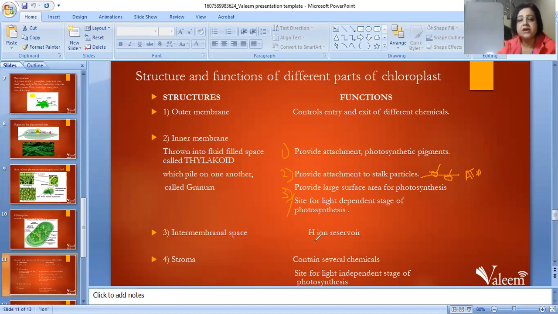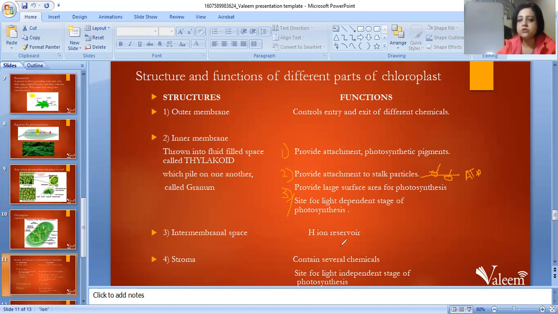Now I have discussed outer membrane, inner membrane, then coming to intermembranous space, which I told you over there. Intermembranous space acts as a reservoir for hydrogen ions. It lets hydrogen ions be collected over there. Details and importance of hydrogen ions will be discussed in an upcoming lecture, but at the moment let me summarize it.